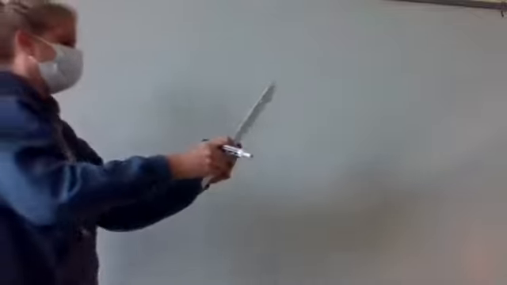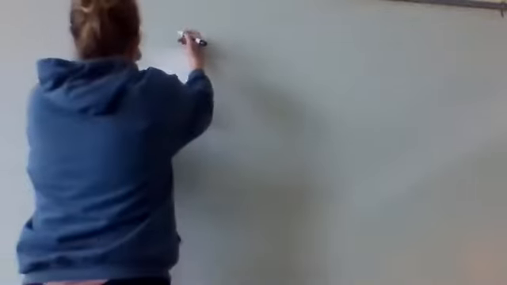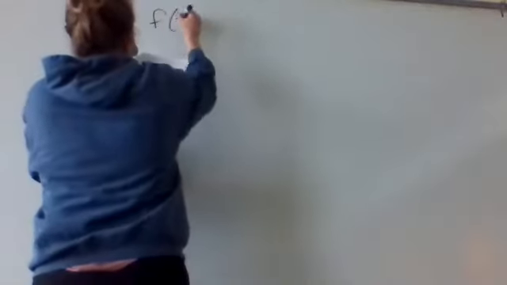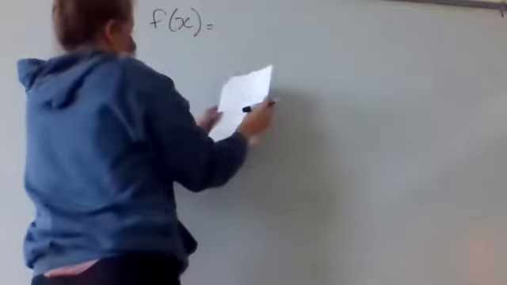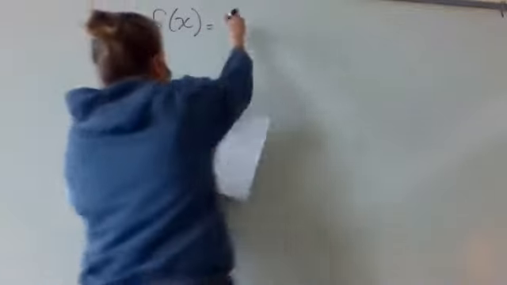Again, all this information is going to come from the vertex. So let's look at number 8. f of x equals x squared plus 10x plus 16.